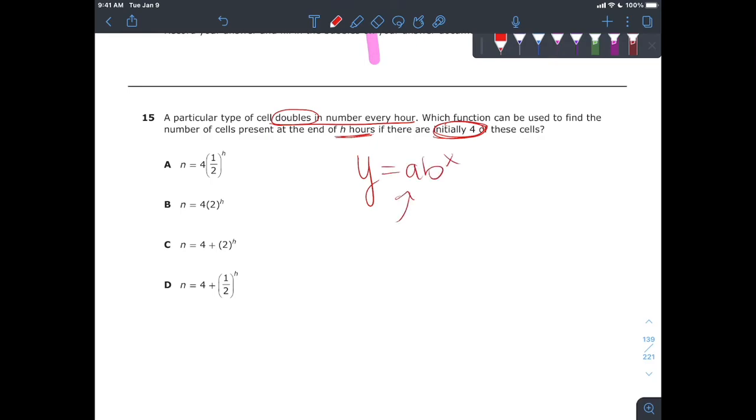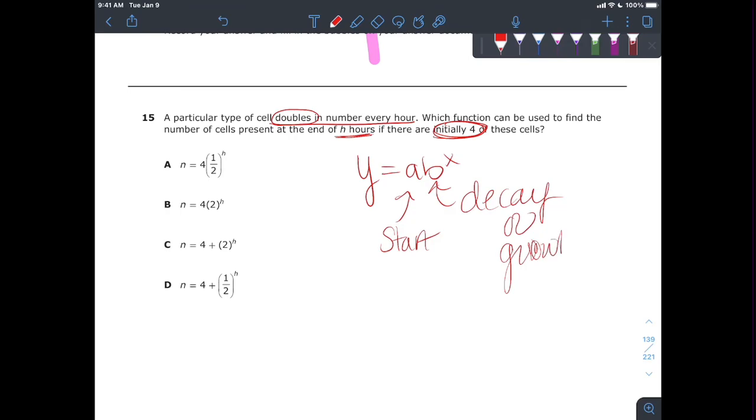Of course, my A is where I start, and my B is my decay or growth factor. I saw here that it started at 4 and it doubles every hour. So I'm looking, and it looks like answer choice B is going to be the only correct answer.